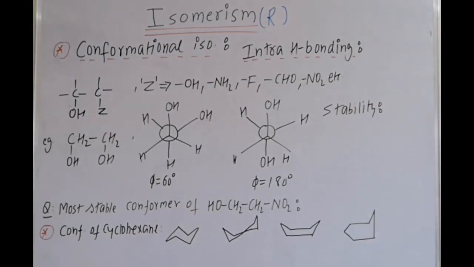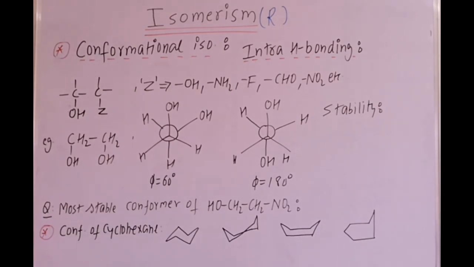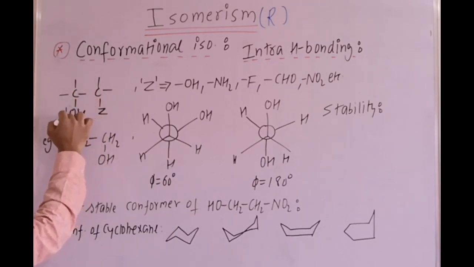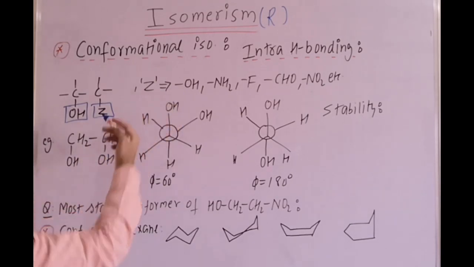Now next is one particular concept which is intramolecular H bonding in case of Newman projections. Like example is, we have this arrangement, carbon which contains OH and another group Z, that Z can be OH also.